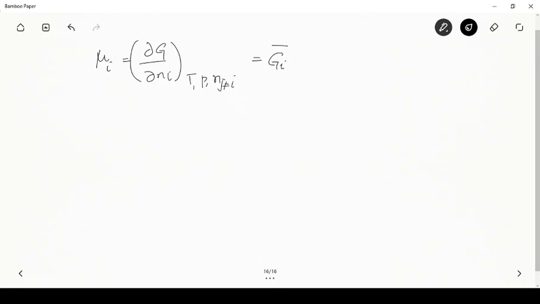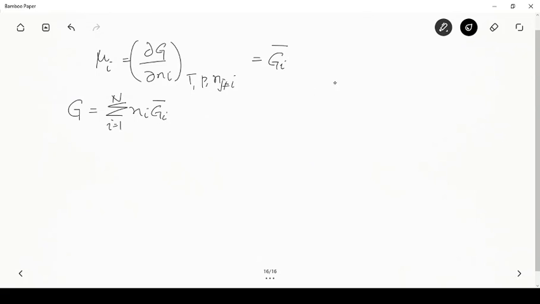Okay, now let us try to do some mathematical manipulations to come up with a very useful relationship called the Gibbs-Duhem equation. So now G, the Gibbs function of the mixture, will be the summation of Ni Gi bar. This is the way we define partial molar properties for all mixtures, from i equal to 1 to n.